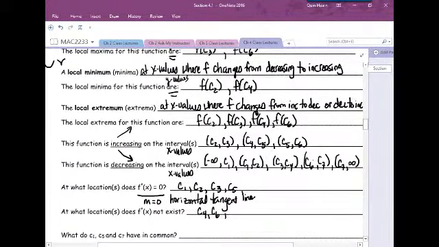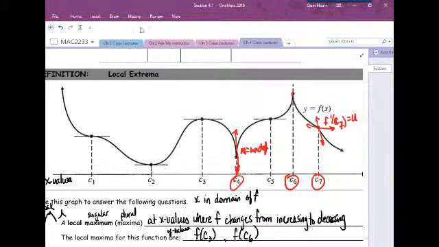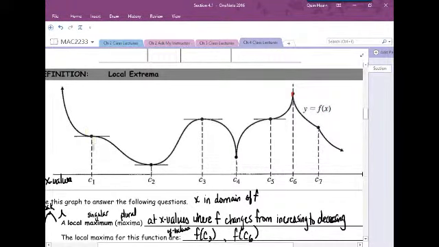C4, C6, and C7. Okay, now it asks, what do C1, C5, and C7 have in common? So let's look at the graph and look at what's happening at C1, C5, and C7. C1 was here, C5 is here, and C7 is here.